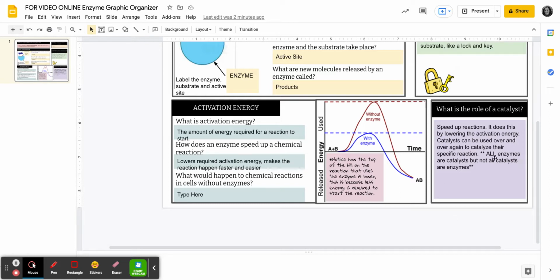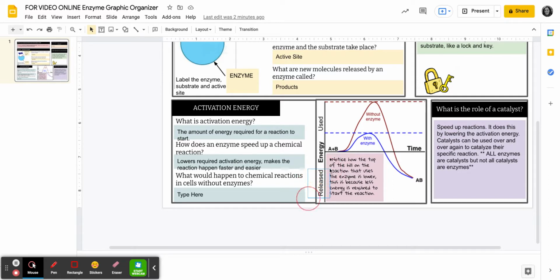The other thing I want to point out here is notice how the reactants are higher than the products. They're higher than the products, okay? So what's going in is higher than the products. So do you think energy is being lost or is energy being gained? It's being lost, okay? We have more energy in the beginning than we do in the end.